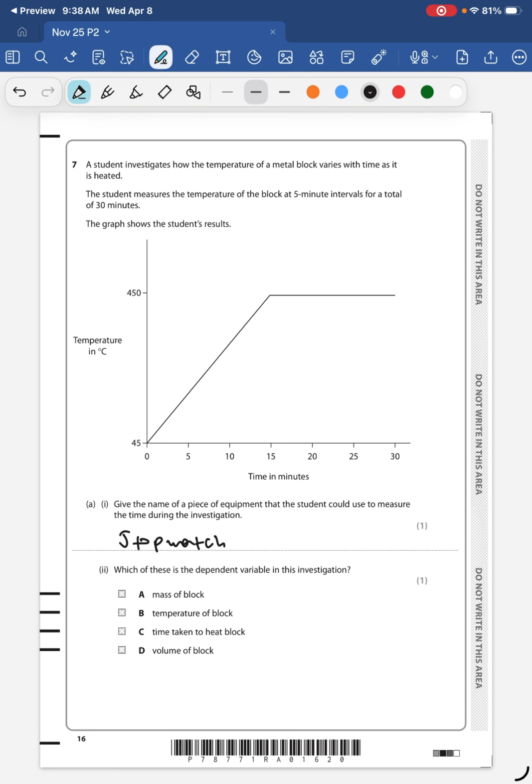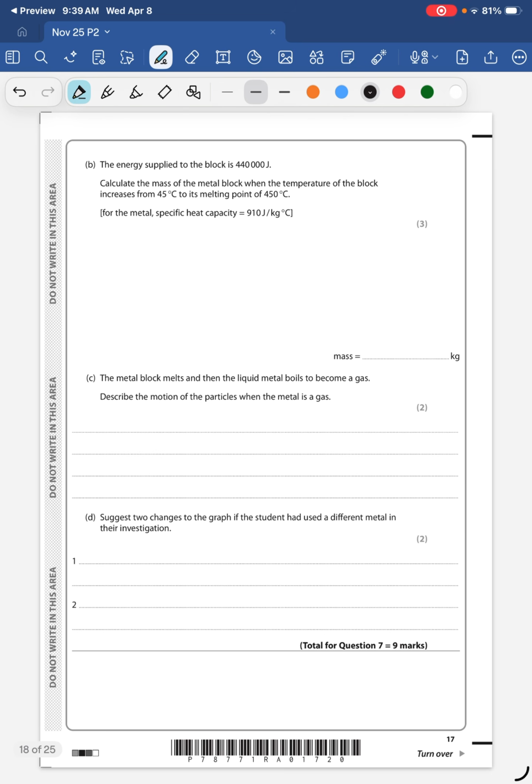Part 2, which of these is the dependent variable in this investigation? So the dependent variable, especially when they give you a graph, is always on the y-axis, okay? So that's the temperature of the block. So that's option B. Okay.